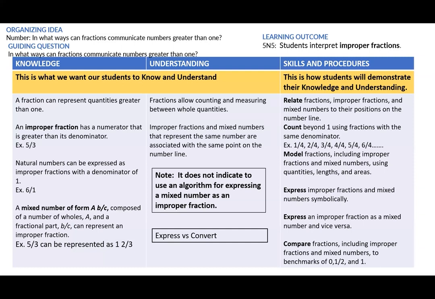All of these knowledge statements are things that you want to understand and know. These are the things that you can put on your math wall or your anchor chart. In many of these statements, you share them with the students. Natural numbers can be expressed as improper fractions with a denominator of 1. That's important because that's your whole. A natural number, of course, is your counting numbers or your whole numbers.